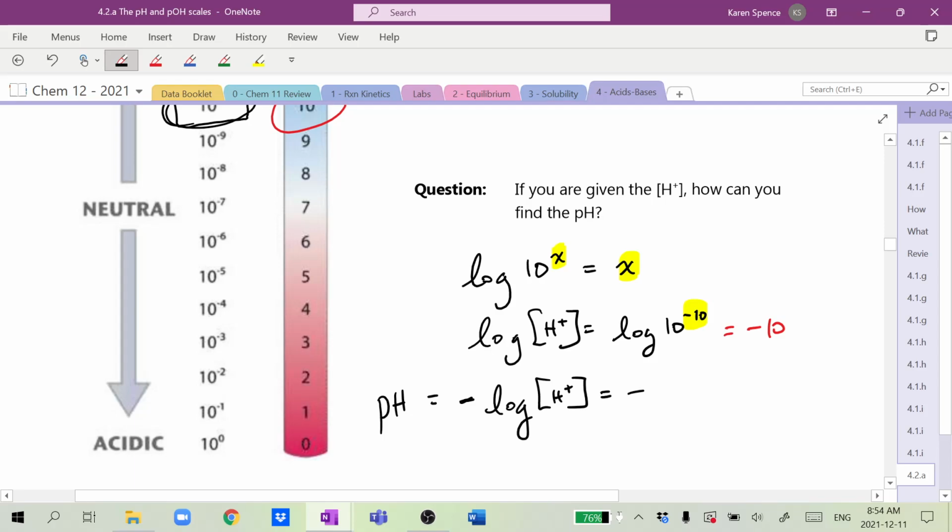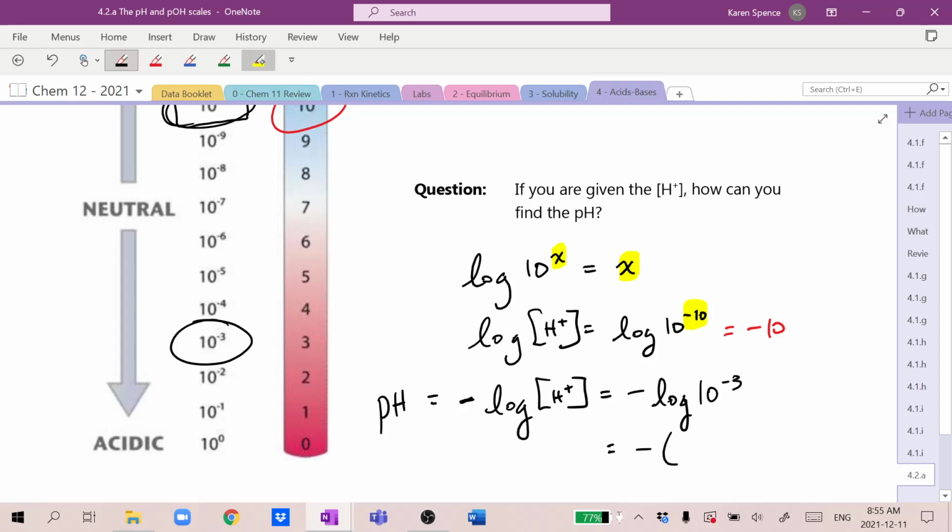If I have the negative of the log of, let's say, 10 to the negative 3, then that's equal to the negative of, well, the log of 10 to the negative 3 is negative 3. So I have the negative of negative 3, which is 3. Oh, look at that. Very cool.